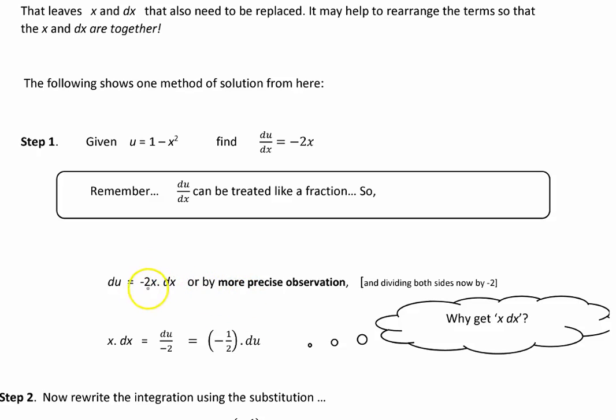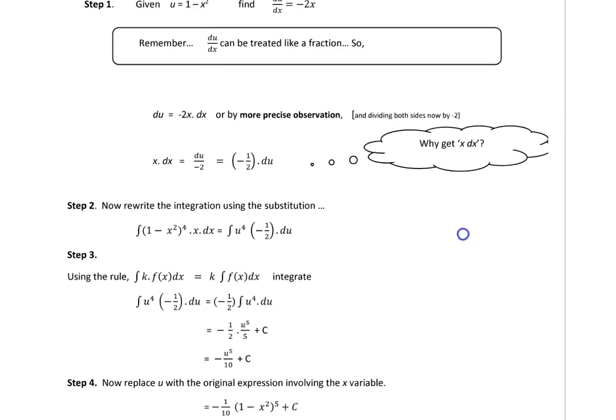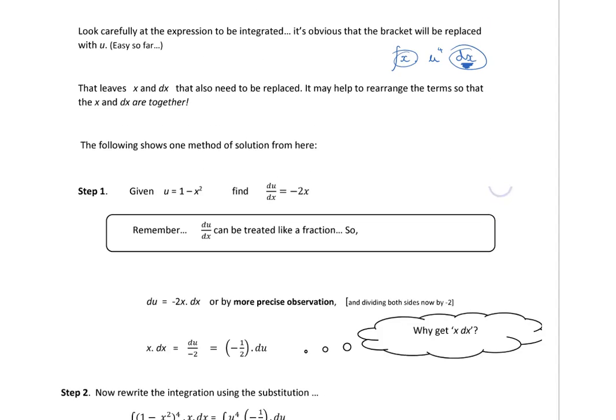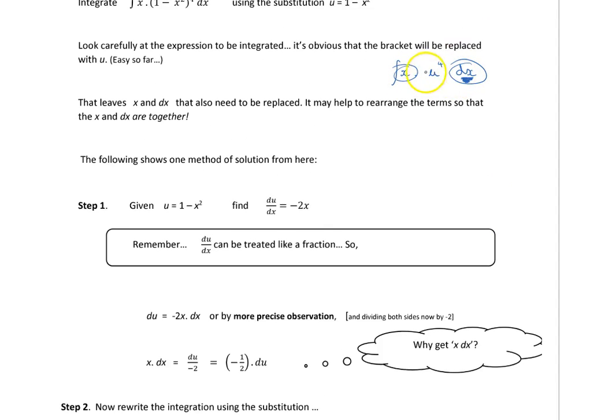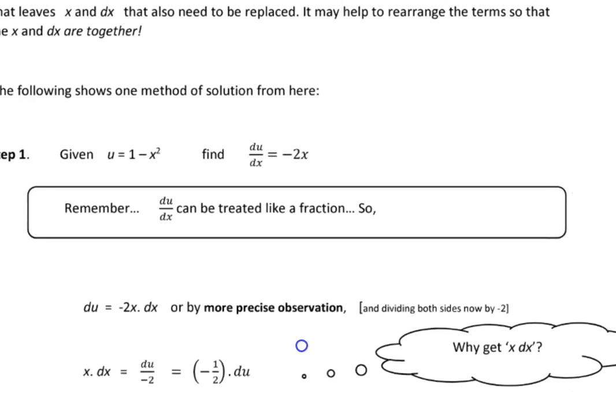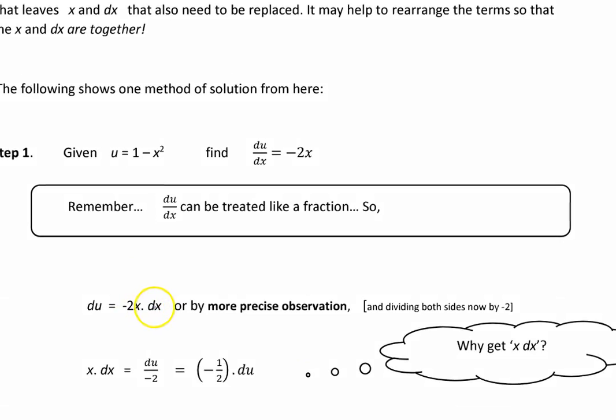Now, that's getting pretty nice in terms of what we could see, back here we had as a problem. We had an x and a dx, and now we can see that we've got an x times dx. If we were to divide both sides by negative 2, then that negative 2 would go and introduce a negative 2 here, divide by.